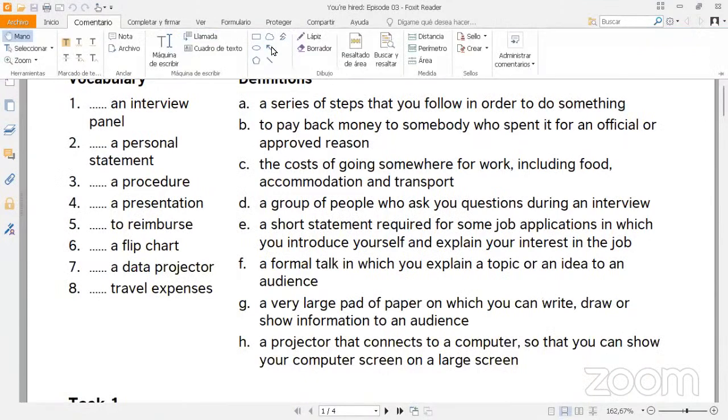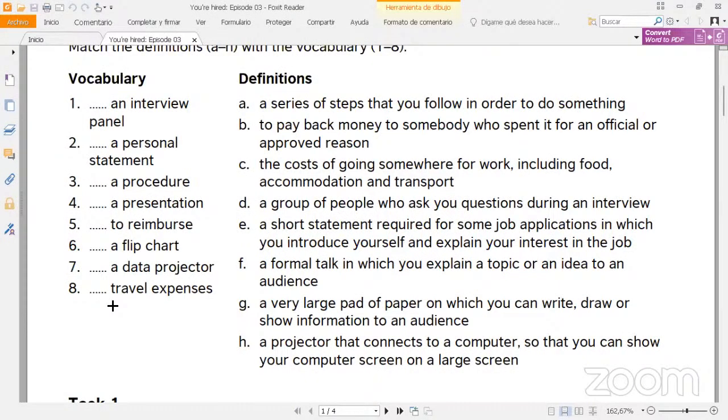Let's see. Number one, an interview panel. Letter D. Yes. Letter D. Okay, good. A personal statement. Letter E. Yes. And sometimes we call these a cover letter.